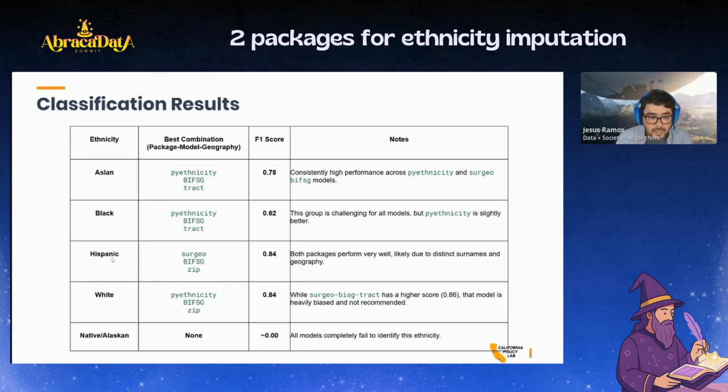For the Hispanic ethnicity, what worked better was the BIFSG model, the one that uses first name, as implemented by the Sergio package, but using zip as geography coding. We get a 0.84 F1 score.